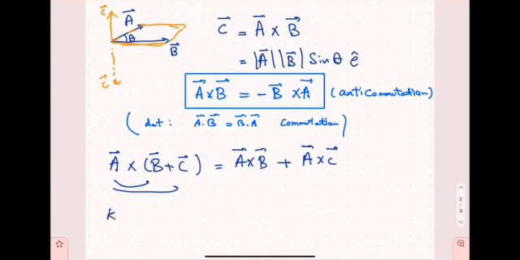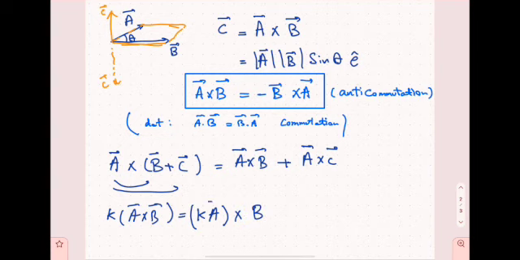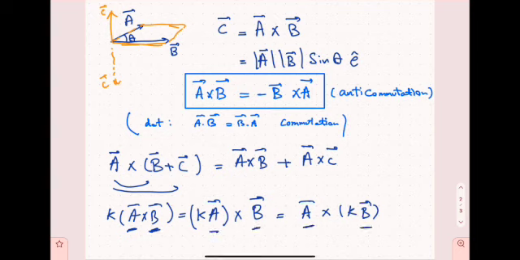For example, if we have kappa being a scalar times A cross B, we could also write this as kappa A cross B, or A cross kappa B. These things are all equal. The only thing that we should never do is change the order of A and B here, here, or here and here. Otherwise, we should include a negative sign.